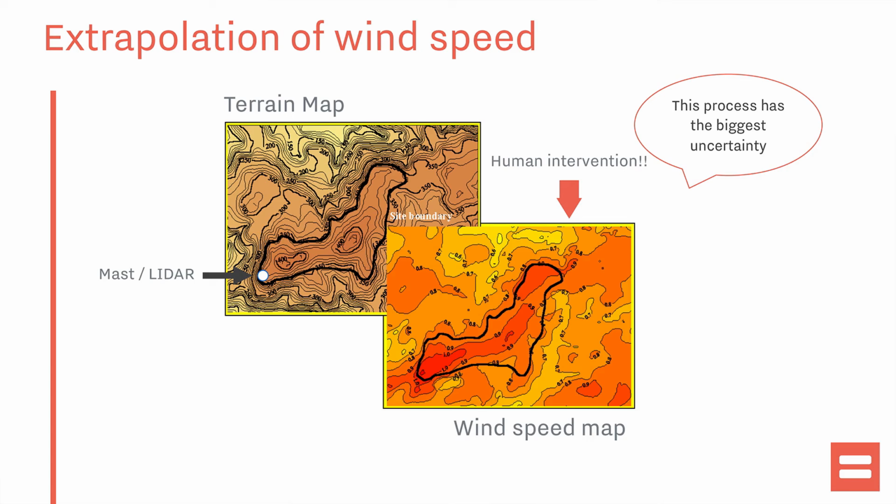So the right-hand side, the yellow one, is now exactly the same terrain. You can see the mast is marked. But now the contours are wind speed contours. And if you look very closely, you can see where I've got the white dot, the contour is 1. In other words, it's the mast. And everything else is normalized against the mast.